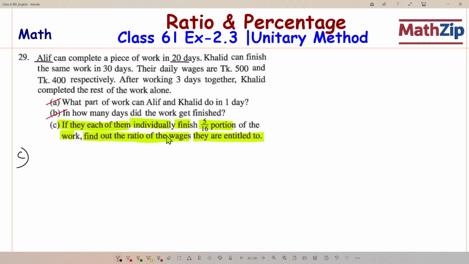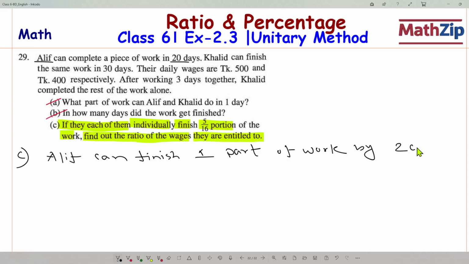So a full part, one part, can be finished in 20 days.